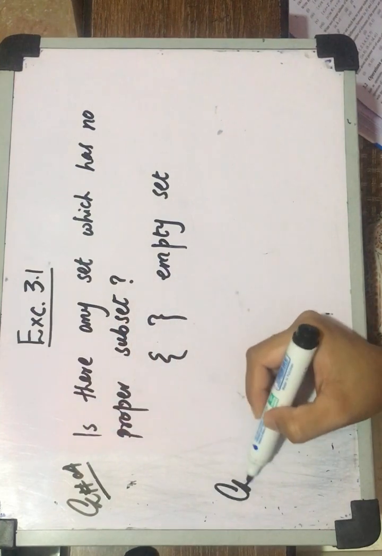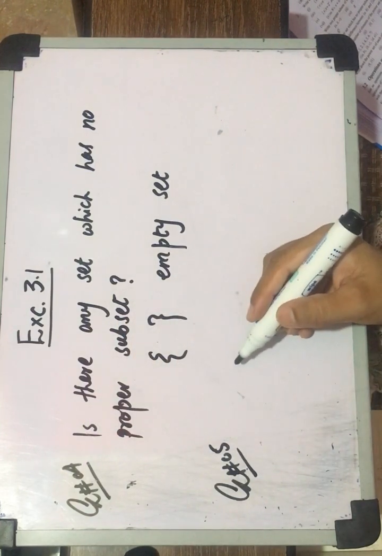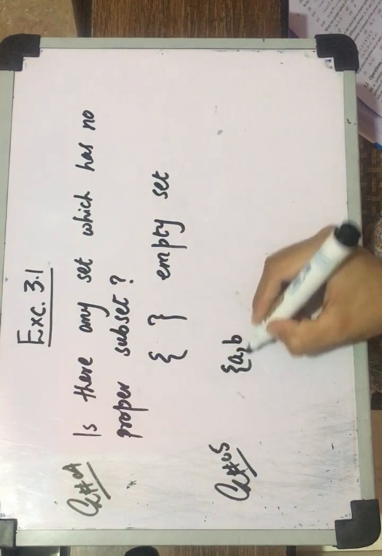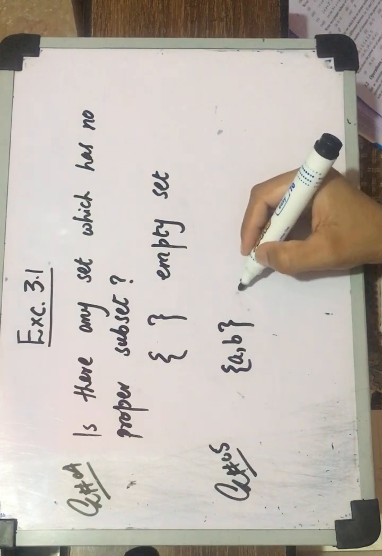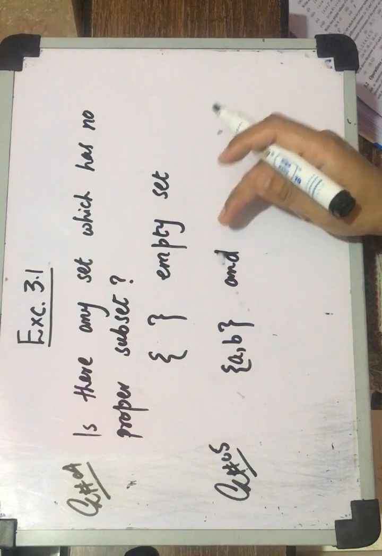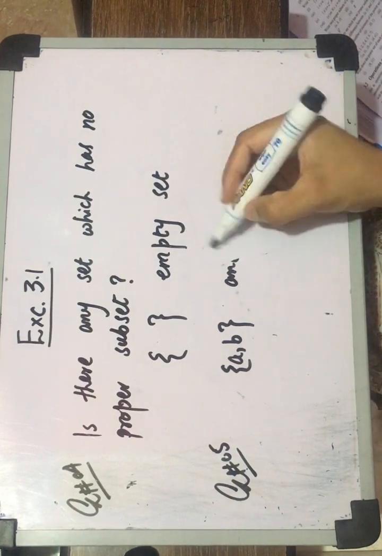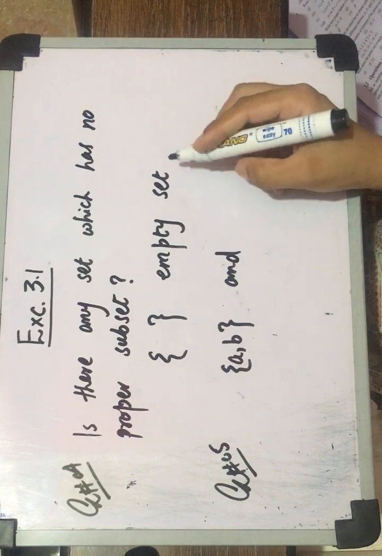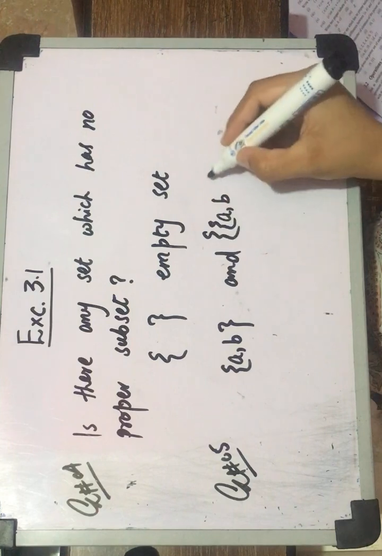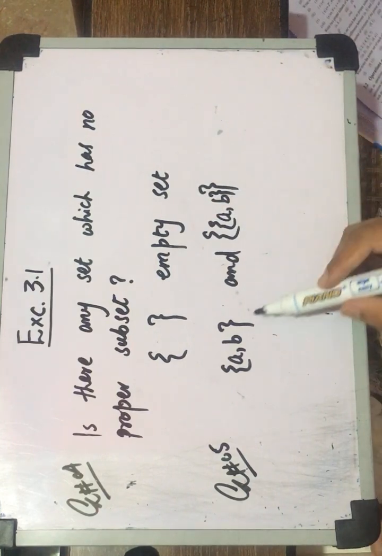and this is question number 5. And what is that? What is the difference between {a, b} and {{a, b}}? Okay, what is the difference between them?